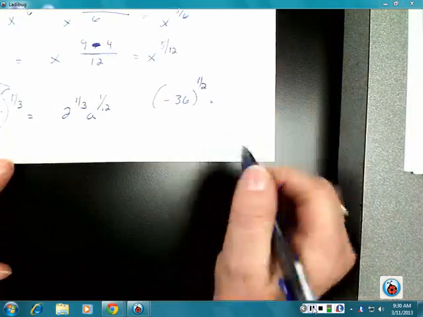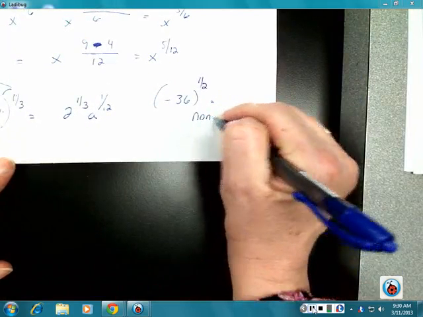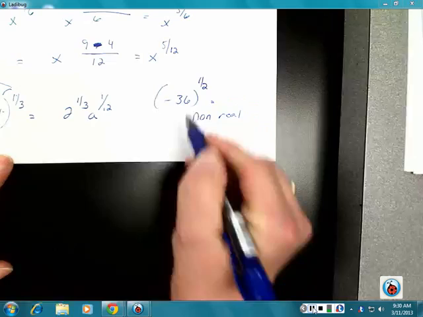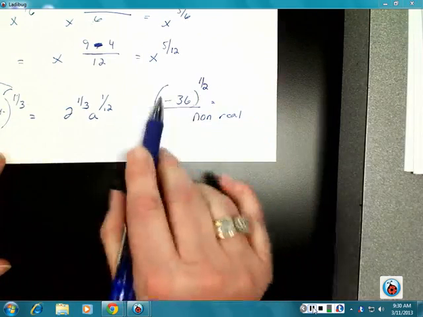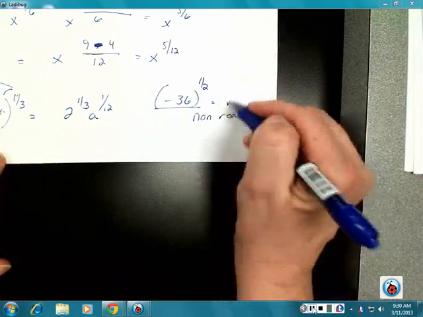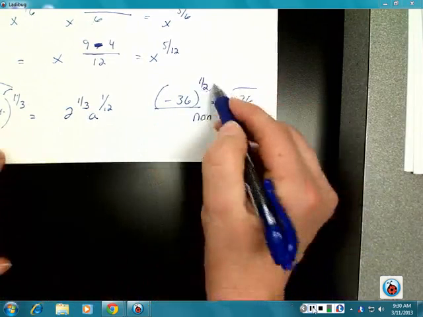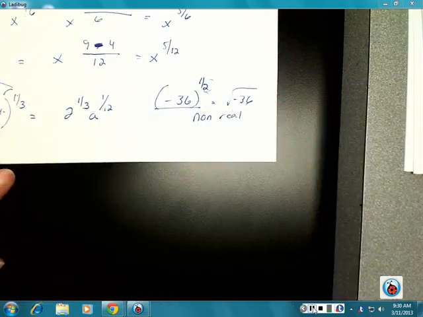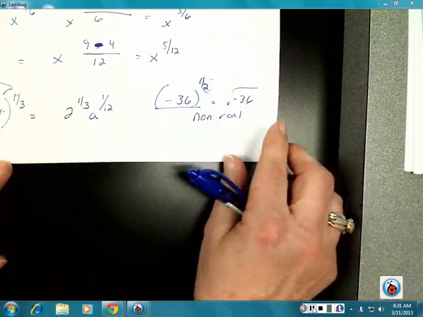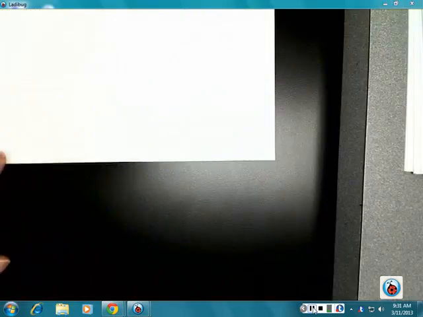Okay, so on this one I would put that it is non-real, because I cannot take the square root of a negative 36, which is what that exponent means. So be careful with even denominators on your fractions and make sure you watch for negatives in there. So it's non-real for that one. Let's see.